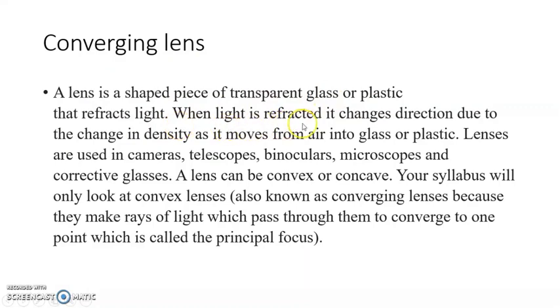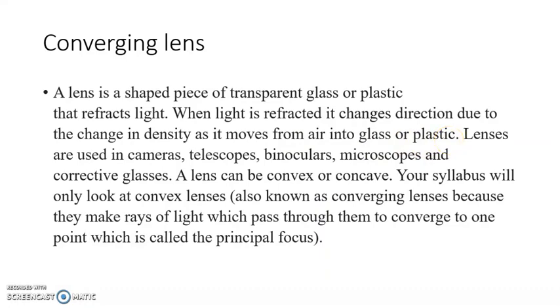Now, when light is refracted, it changes direction due to the change in density as it moves from air into glass or plastic. So basically we're saying that when light is refracted, remember we're now talking about refraction, not reflection. Now in refraction we have light which is moving from one medium to another.